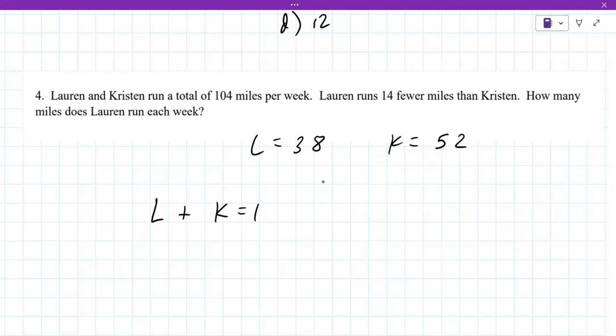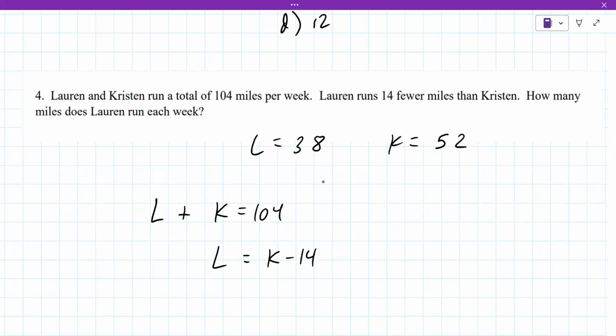L plus K equals 104. And L is K minus 14. So then K minus 14 plus K equals 104. So then 2K minus 14 equals 128.